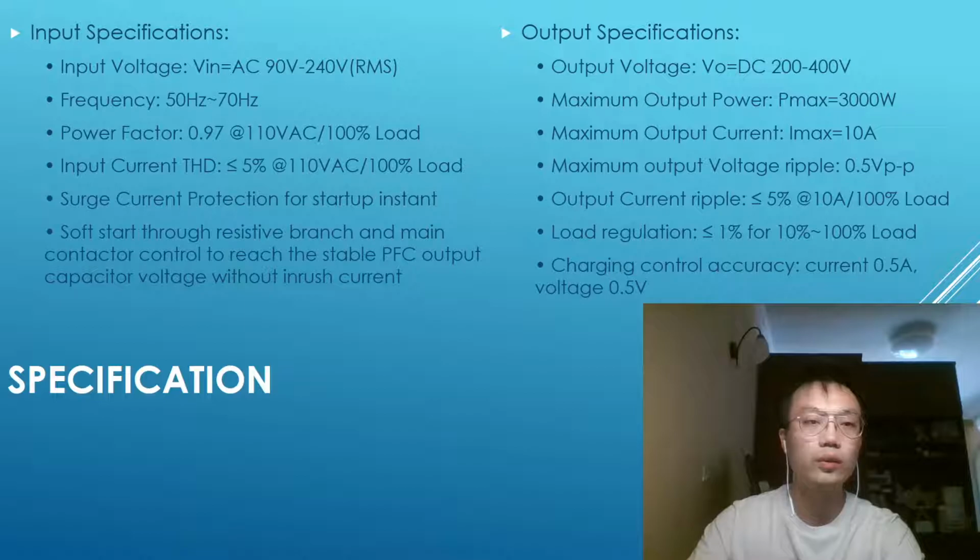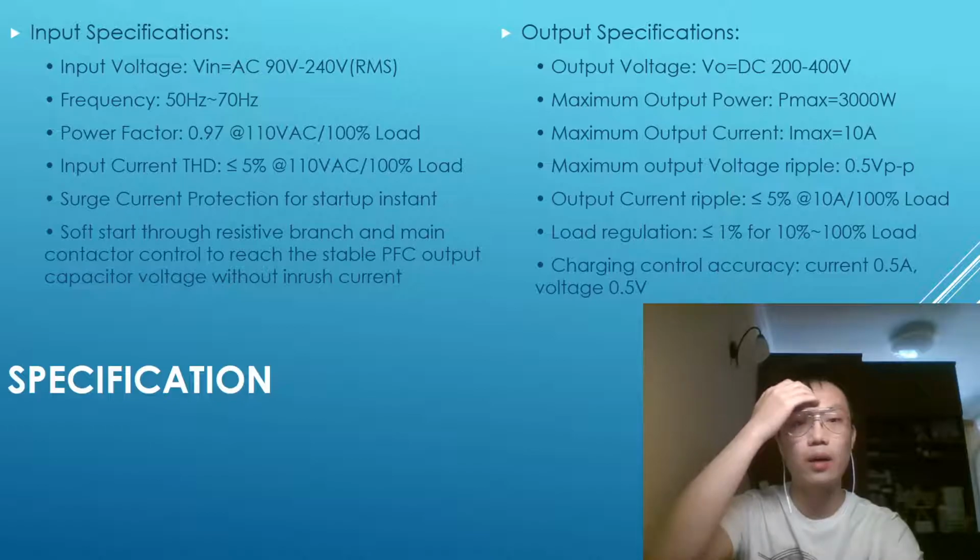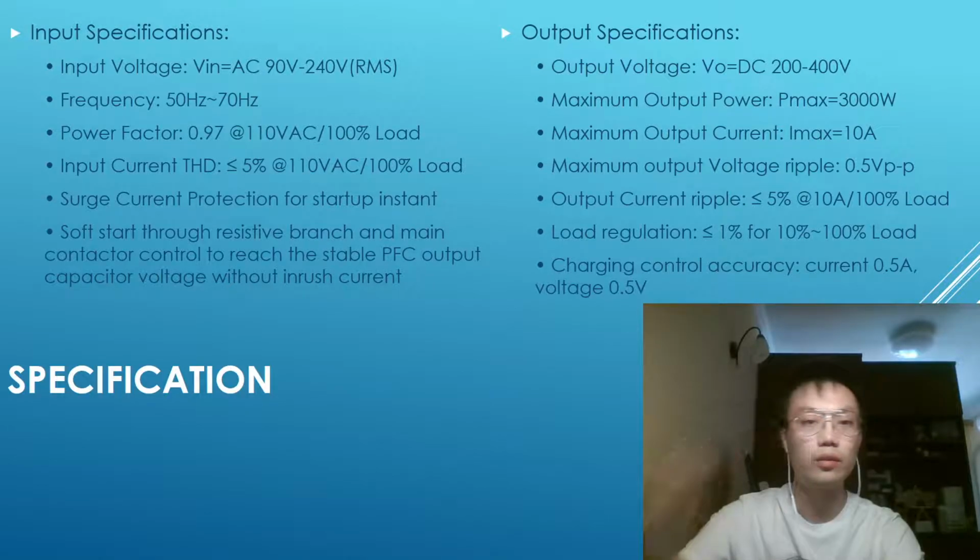For output specifications, output voltage VO equal to DC 240 volt. Maximum output power is Pmax equal to 3000 watts. Maximum output current is Imax equal to 10 ampere.